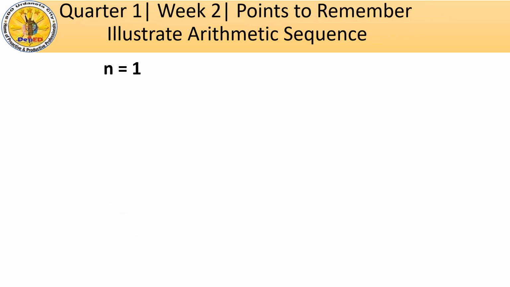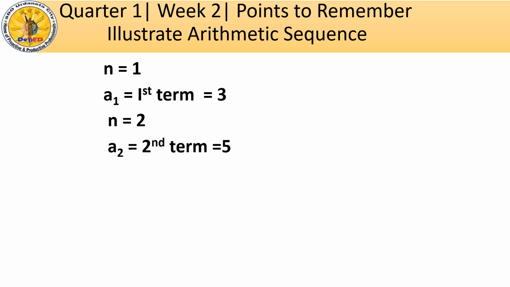If n is equal to 1, a sub 1 is the first term, the value is equal to 3. When n is 2, a sub 2 is the second term and the value is 5.